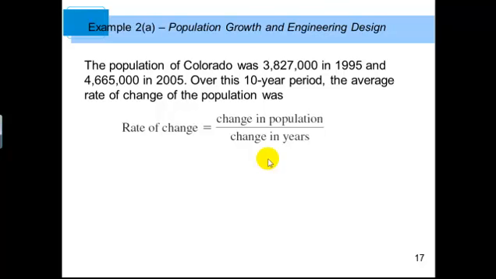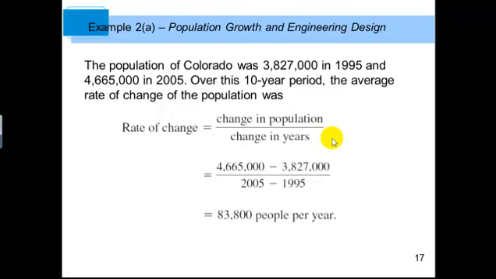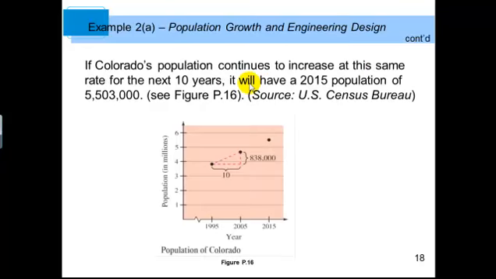What's the rate of change of population over years? Well, we find the change in population over the change in years. You simplify that and you get 83,800 people per year. That's the rate of change of that population. It's really telling us that it increased by that amount. A negative rate of change would tell us it was going down.